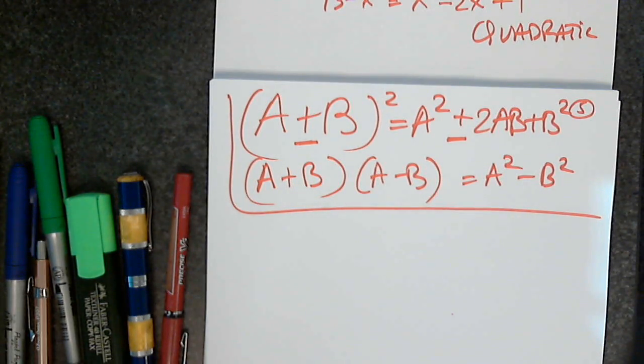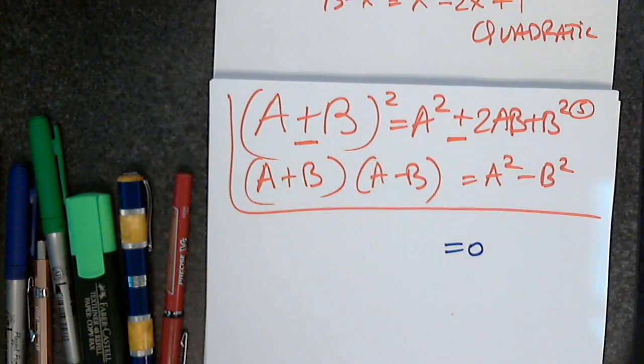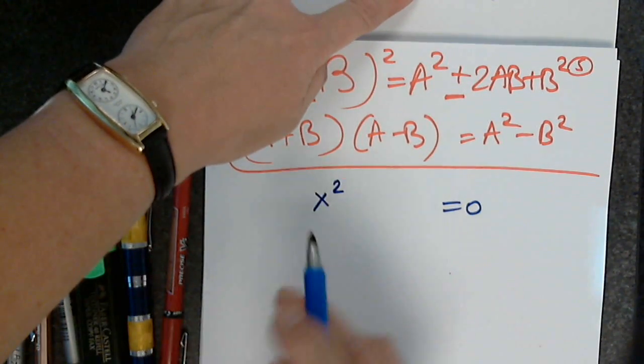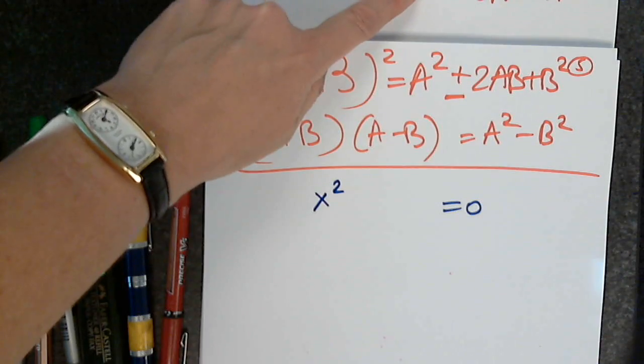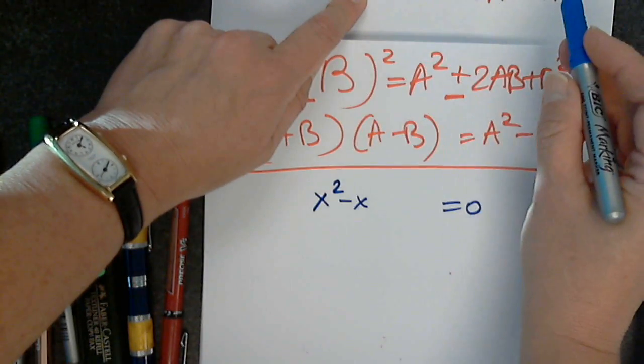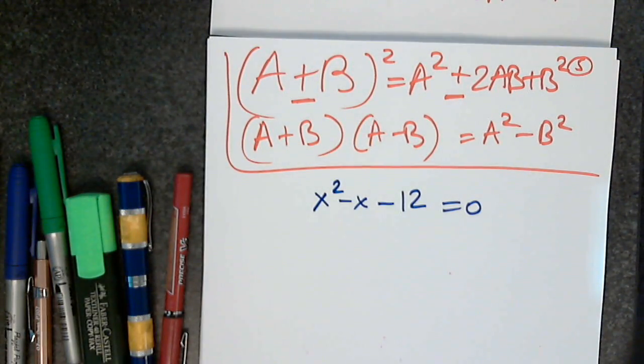How do I solve it? What is the idea? Very good. I have to set it equal to 0. Perfect. Good. So I have x squared, x, minus x. And then? Excellent. Any questions on this?